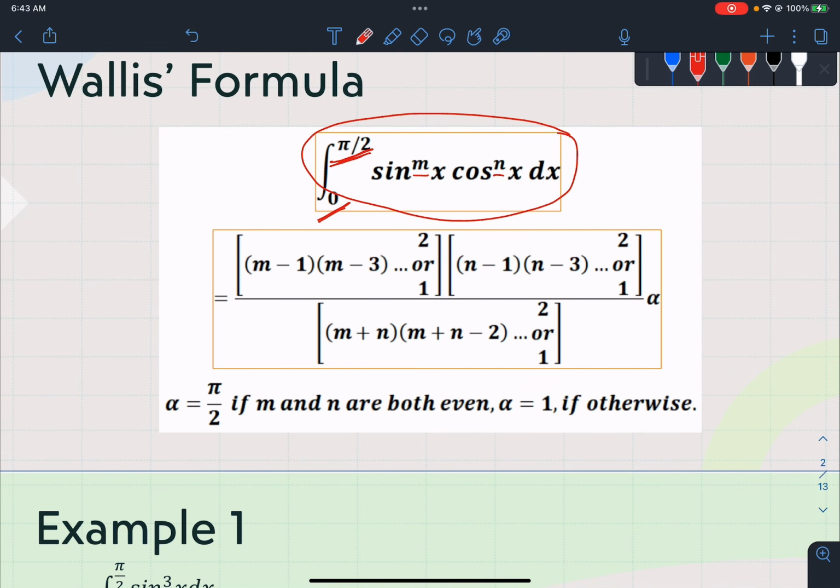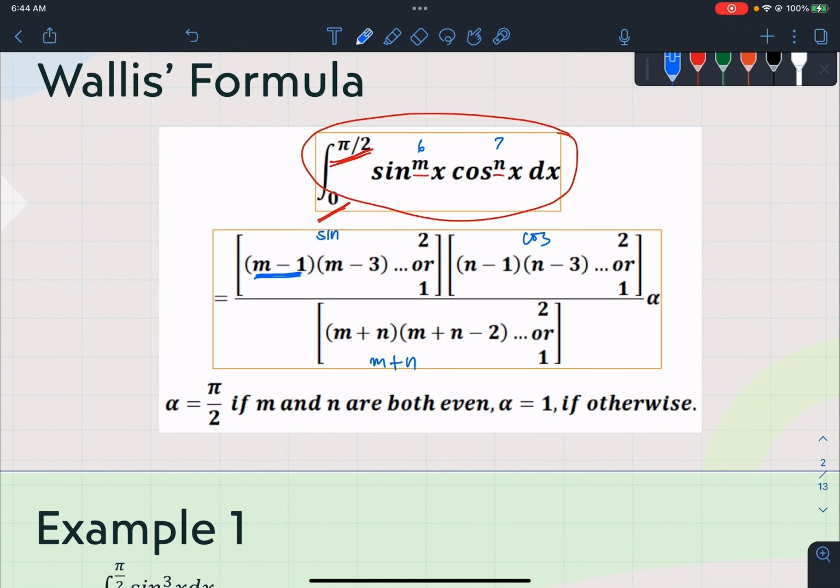This term corresponds to sine, or m, this is for cosine, and this one would be the sum of the exponents. Let's say we have a 6 for m and a 7 for n. How do we use the formula? I'll start with 6. As you can see here, this is m minus 1, wherein 6 is m.